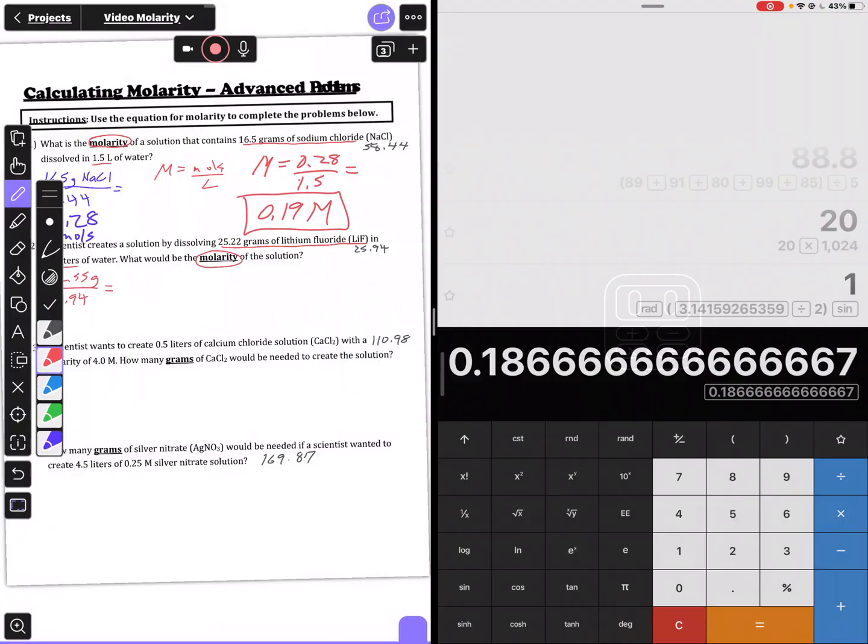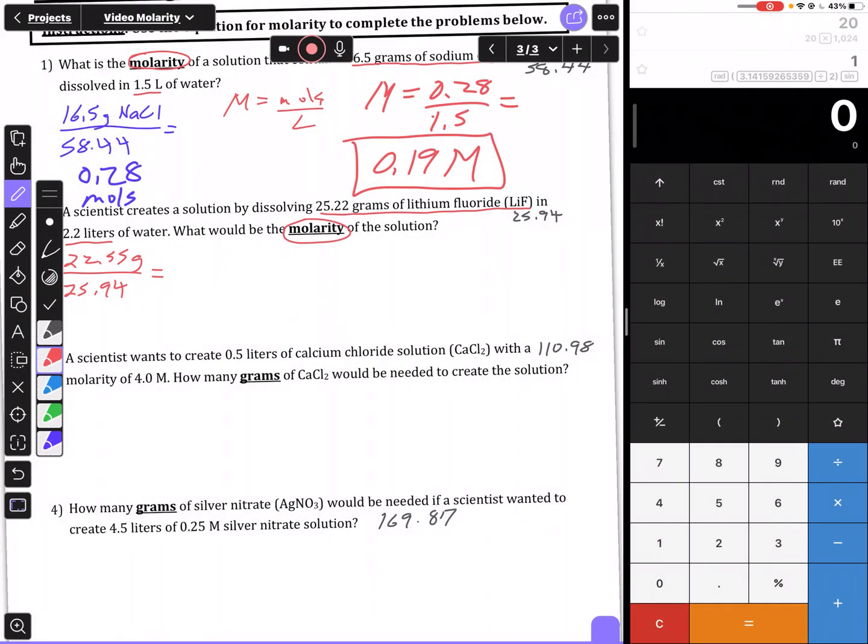So when I bring up my calculator, actually it's 25.22. I think I wrote that down wrong. I need to correct that. So that would be 25.22.